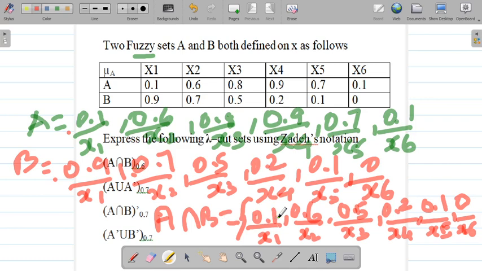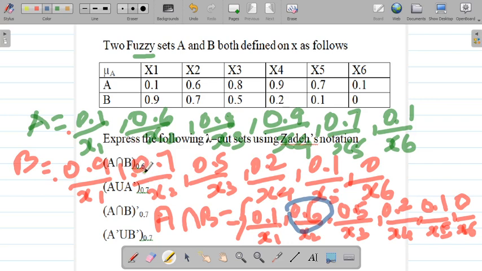In the set, 0.6 only satisfies the condition.